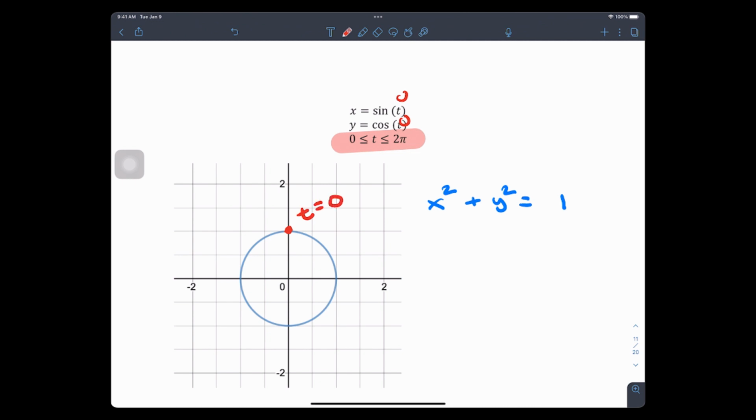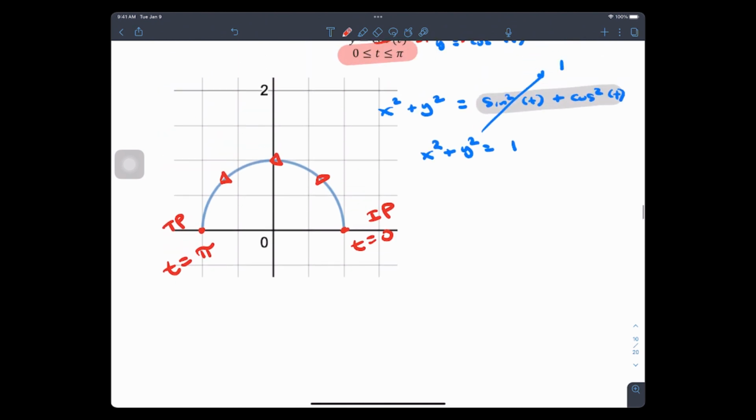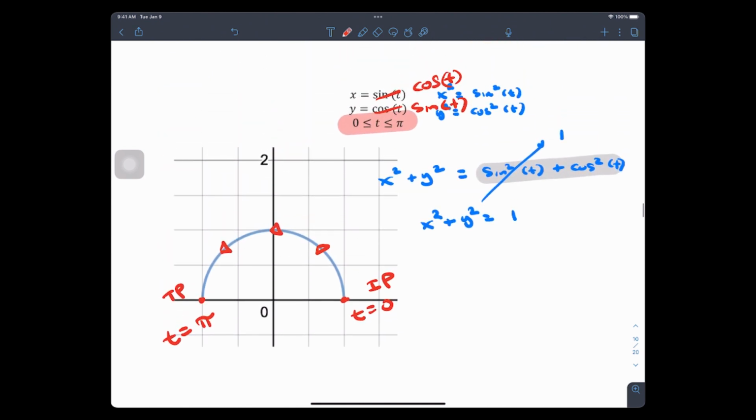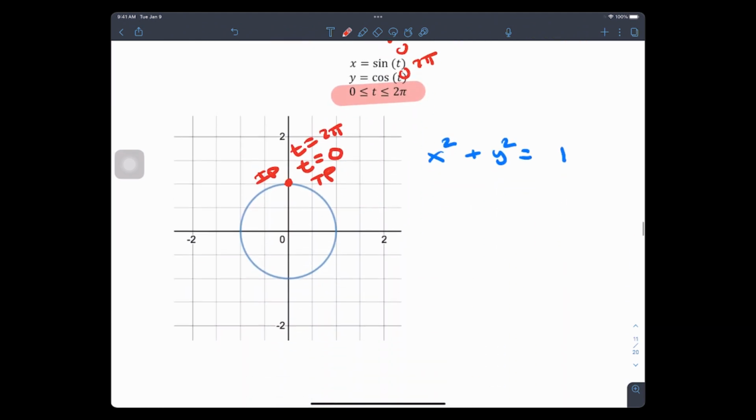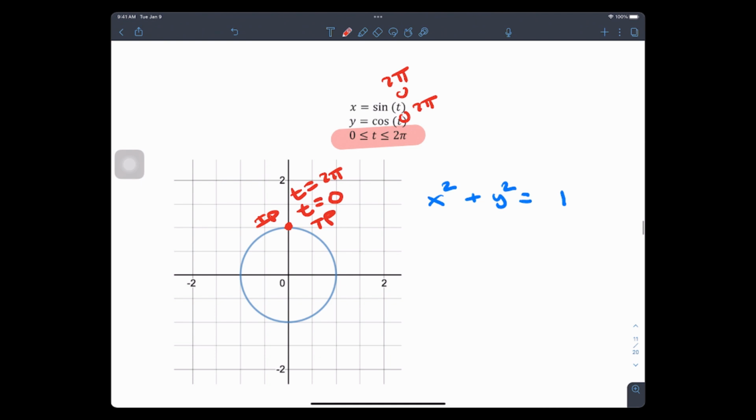And if I replace t with 2 pi for both, that's the same location. So in other words, your initial point is going to be the same as the terminal point in this picture. But what about the orientation? Up here, it's simple to do. Down here, we still got to do something more.